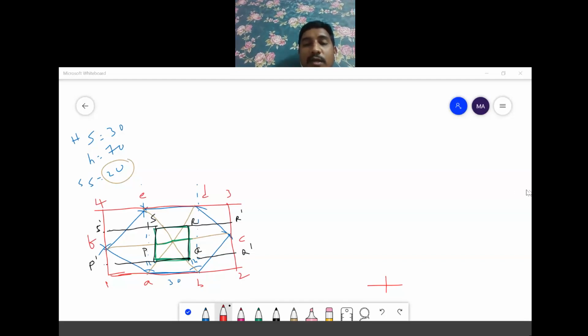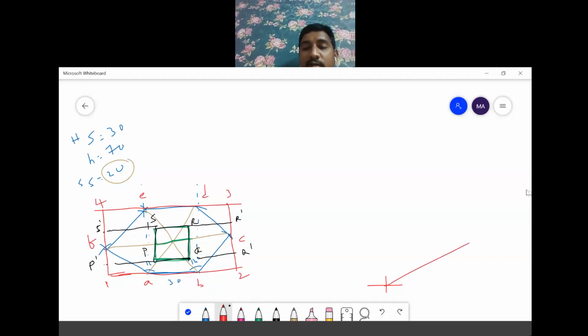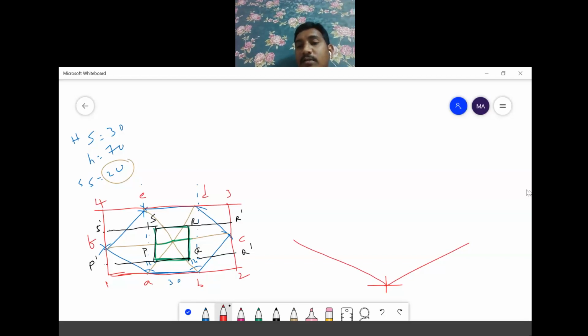So what I am doing is, I am taking an angle of 30 degrees this side, 30 degrees this side. Then I am taking one here. From 1 to 2, I am measuring and cutting an arc here. From 1 to 4, I am measuring and cutting an arc here.